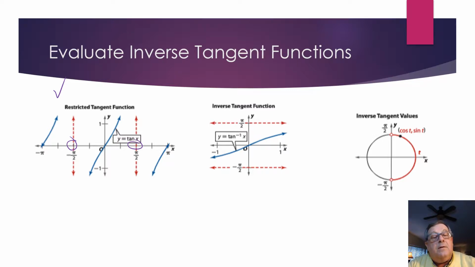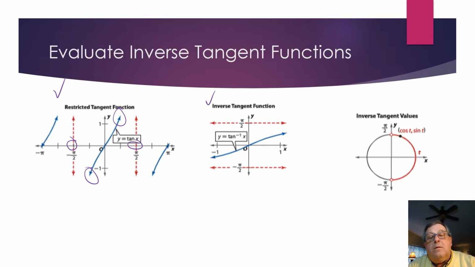And if I look at the range of my function, I'm going from negative infinity out to positive infinity. So if we swap the x's and y's in this inverse function that we see here in the middle, what's happening here?